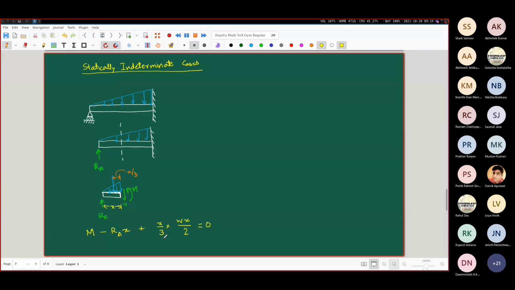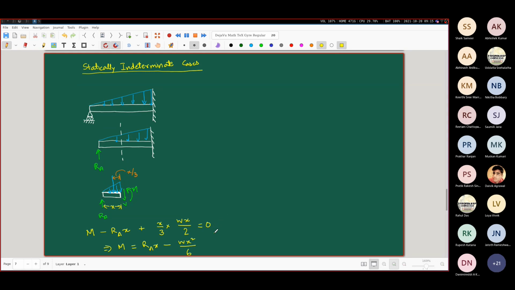So up to this point, we have proceeded exactly like in the statically determinate case. Only issue is that we don't know Ra. Let it remain not known to us. So this M is equal to Rax minus Wx squared by 6.